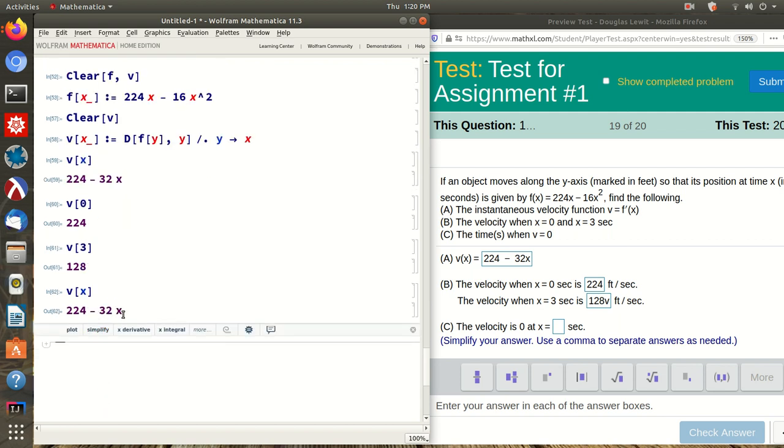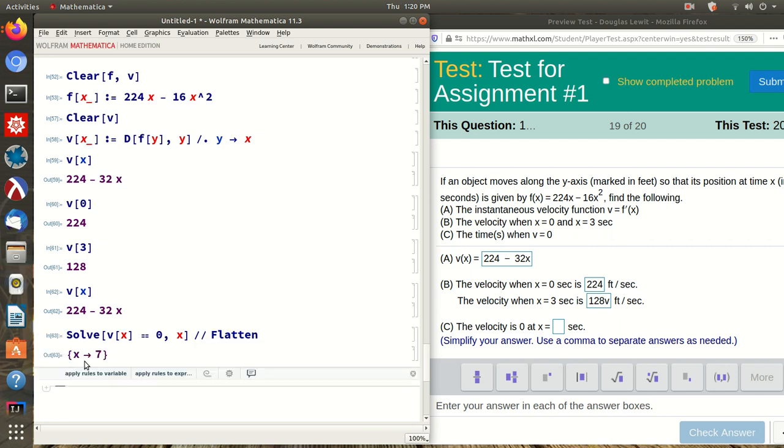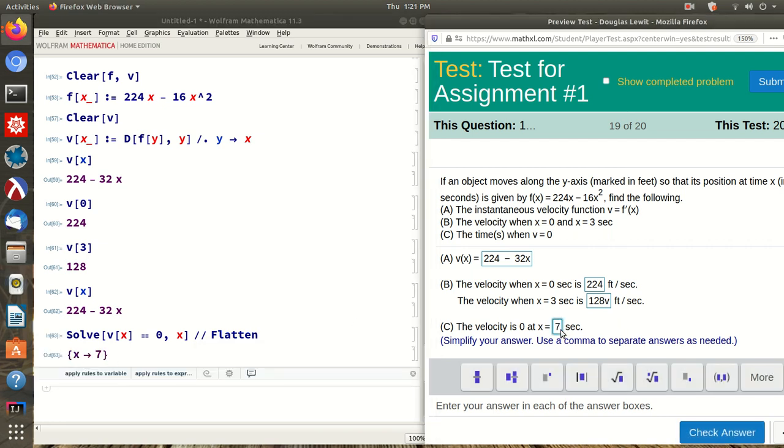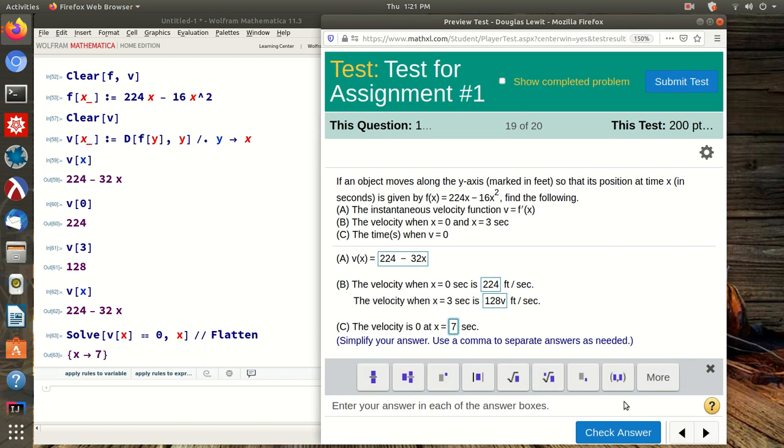Well, simply set it equal to 0. 224 minus 32 times x is equal to 0. So solve v of x is equal to 0. What is x? X is going to be 7 seconds. Which means the position isn't going to change when x is equal to 7 seconds.